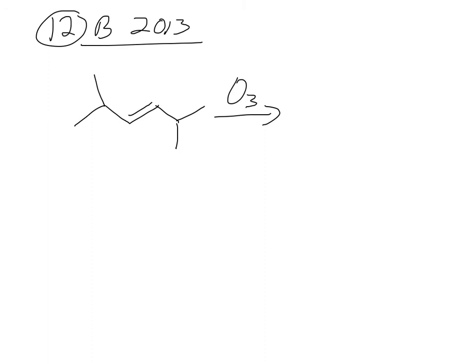Got the ozone. How to look at this, basically, number of carbons: 2, 3, 4, 5, 6, 7, 8. We cut the double bond down the middle, right? And what was an alkene now becomes 2 carbonyl groups.